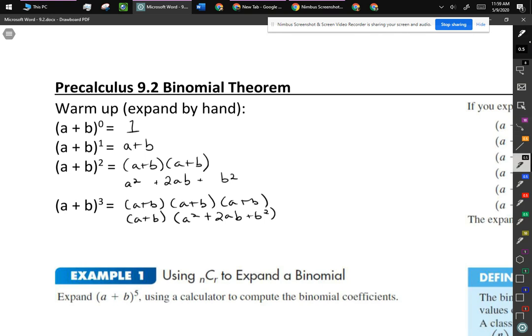So let's distribute the a plus b to the a plus b squared part of the polynomial. So a times a squared would be a to the third.